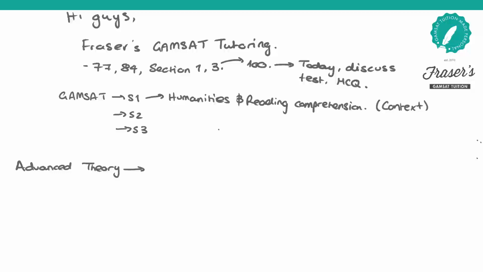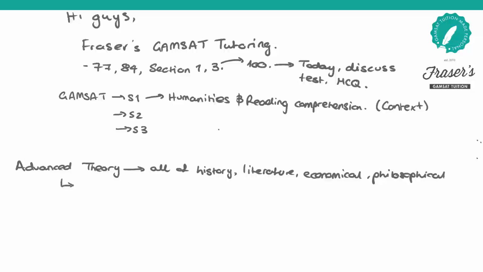These guys will take you through all of the history and pertinent literature, economical theory, and philosophical ideas that underpin most of our lives, really. And not only is it interesting, but it provides context for the period in which the articles are written, and it will help you interpret in a more appropriate way. So it'll give context to your interpretations.